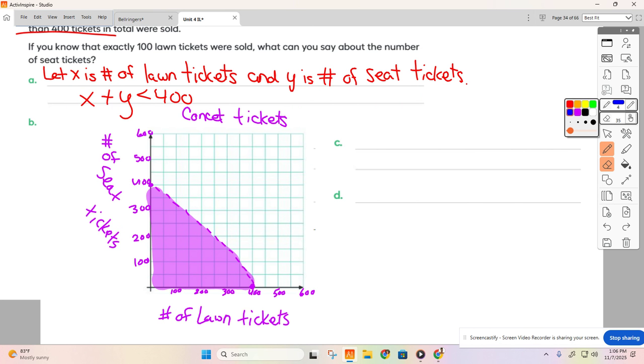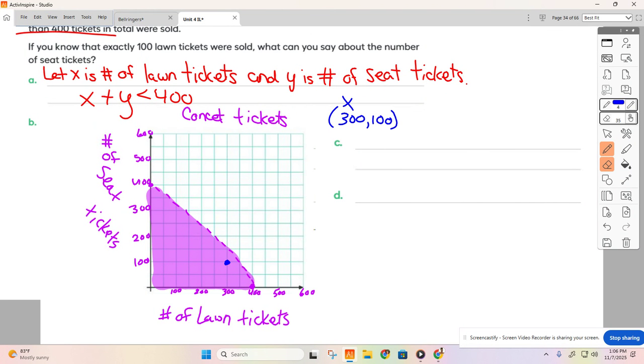All right, part C. Name one solution and describe what it means. I need any point in here. Let's do this point right here. I did the point 300, 100. So on the x-axis, I went to the 300.